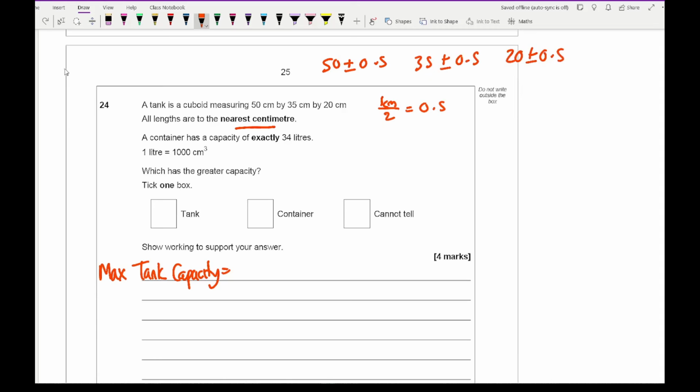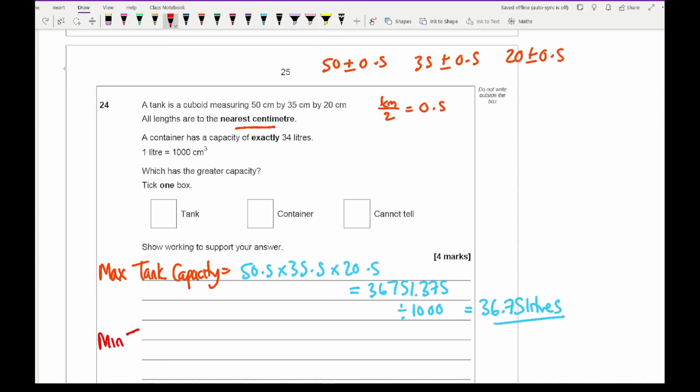Now for the upper limits, all I need to do is add 0.5, so it's going to be 50.5 times 35.5 times 20.5, and if I type that into my calculator, I get an answer of 36751.375. I divide that by 1000 because I want it in litres, and that comes to a total of 36.75 litres. That's the maximum.